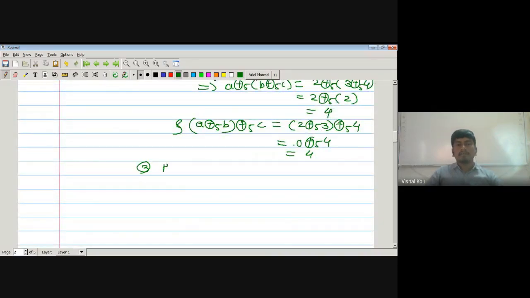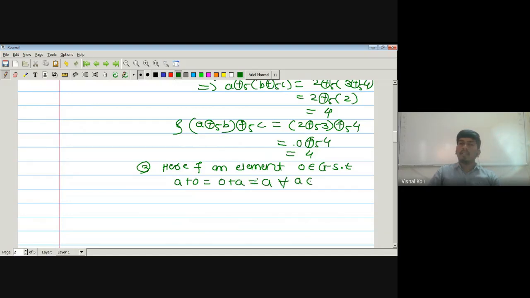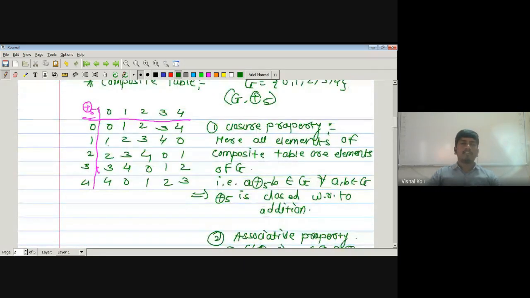Now the third one. Here, there exists an element 0 belonging to G such that A plus 0 equals 0 plus A equals A for all A in the given set G. Since from the composite table, 0 plus 0 is 0, 0 plus 1 is 1, 0 plus 2 is 2, that is, 0 plus anything will be that same term.